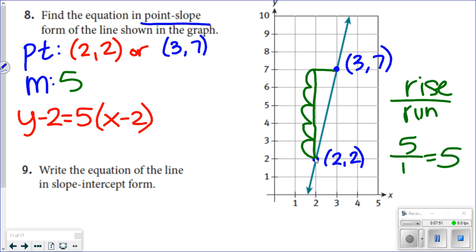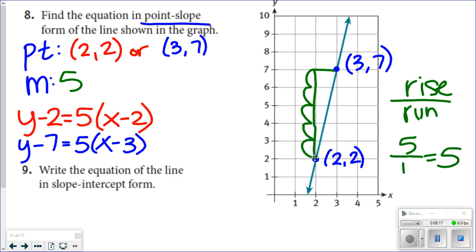And if I chose 3, 7, it would be y minus 7 equals 5, x minus 3. So either answer works. You are not confined to one. So pick what point you like the best.